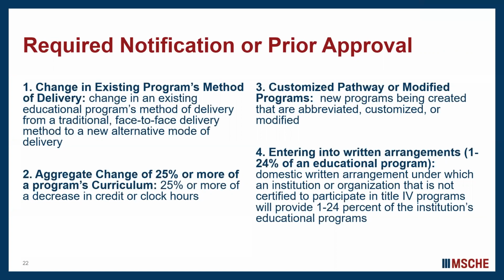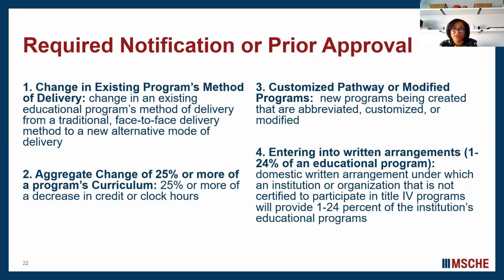So this question came in. This is not about prior approvals, but I think it's one that we get a lot at the Commission, and I used to get this when I was a VP liaison. It's the relocation of an additional location. If you are only moving across the street, but the number of the address is changing, but not the street or anything else, do you still need to do a substantive change?